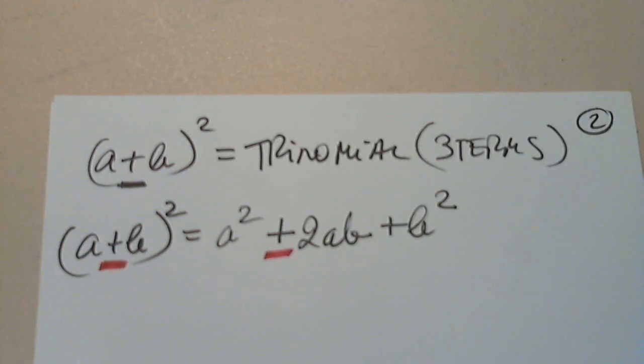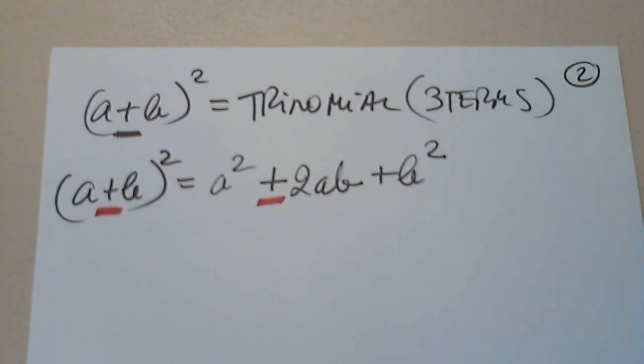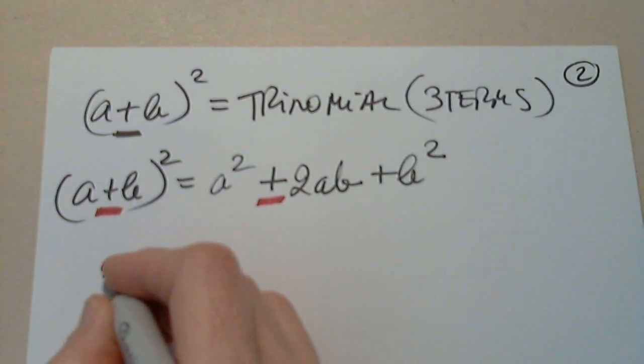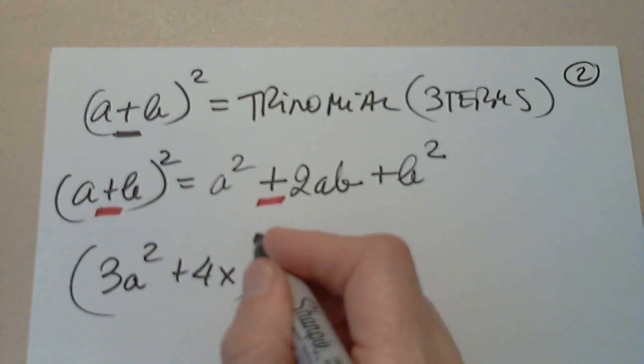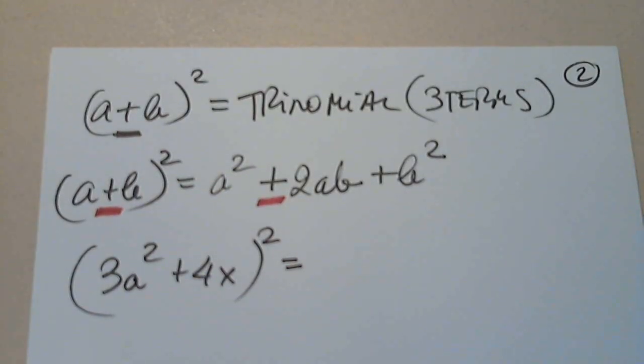Good. So now we are ready to look at examples, because we didn't look at enough last time. So here's one. 3x squared plus 4x everything squared. When you look at this binomial squared, first of all, I'm going to ask you, how many terms will you have to write? And you must say 3. You can never say 2 or 4 or anything else. You must say, oh, it's a binomial squared.